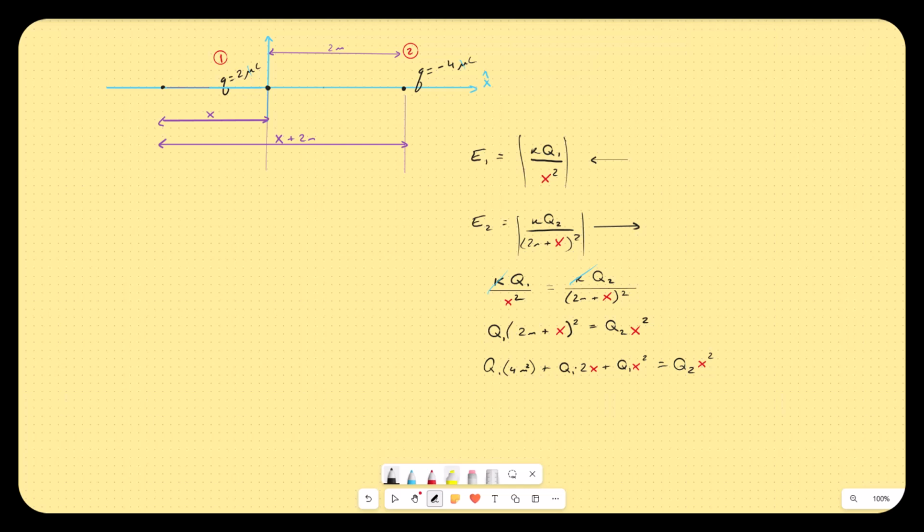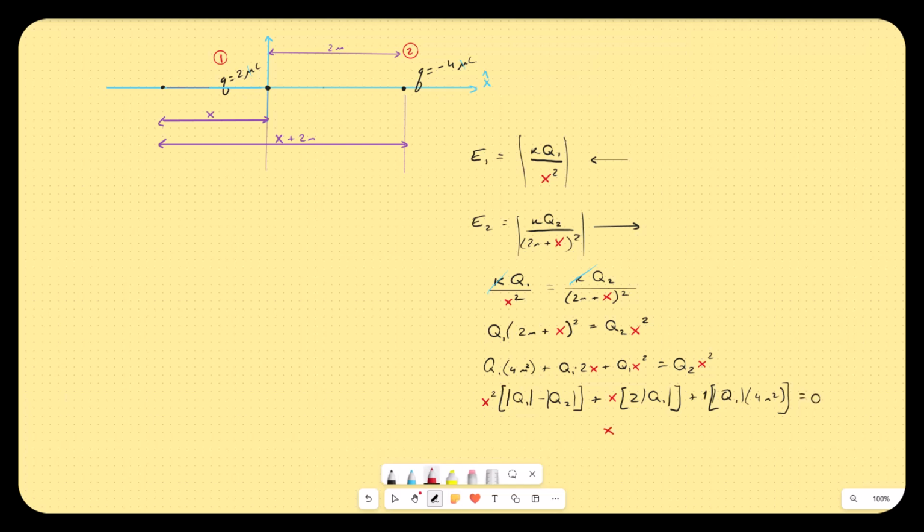So I'm going to subtract this over. I'm going to get an x squared times q1 minus q2. I'm going to get an x times 2q1, and I'm going to get a non-x term that's just q1 times 4 square meters equals 0.